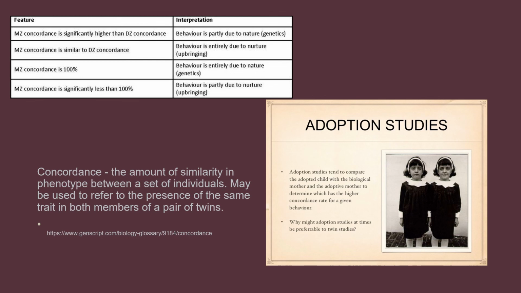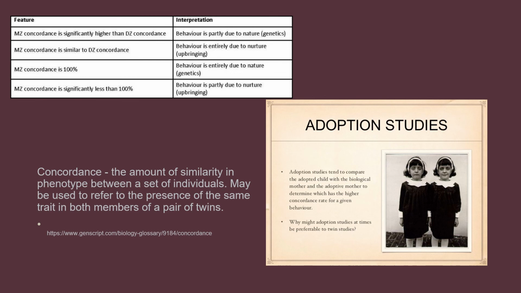Halimbawa, matalino yung parehong twin, 100%. I mean, may dalawang twin, yung IQ ng isa 140, yung IQ ng isa 140 pareho. Mataas ang concordance, no? Behavior is entirely due to nature or genetics. Pero kapag yung isang twin ay 90 ang IQ, yung isa 150, that is due to nurture. Next, we have adoption studies.